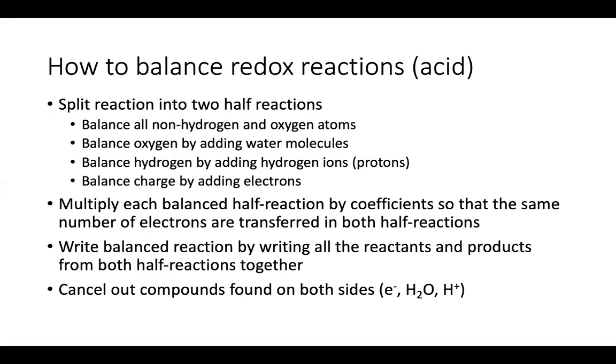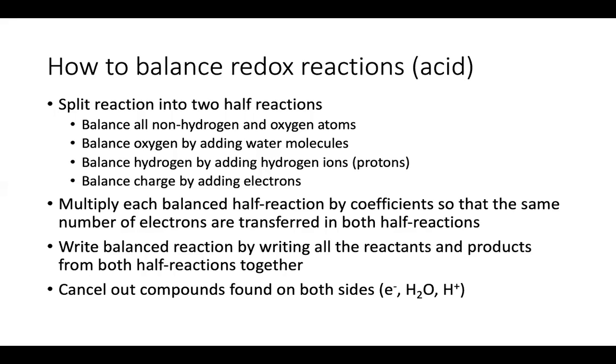Your next step is to balance oxygen by adding water. You're going to add H2O to one of the sides to balance oxygen. After that, you're going to balance your hydrogens by adding hydrogen ions, H+, also known as protons, to one of the sides of your equation, on the reactant or product side, again to balance.